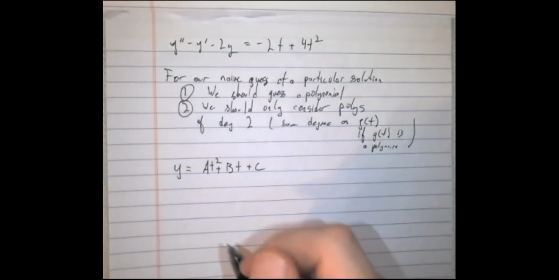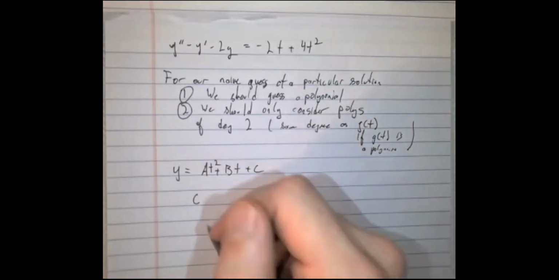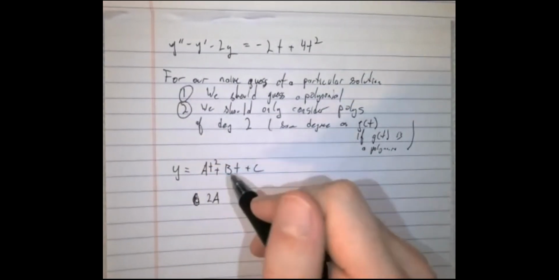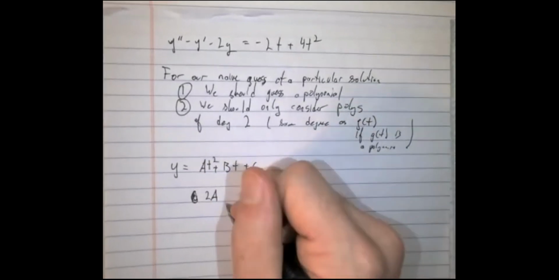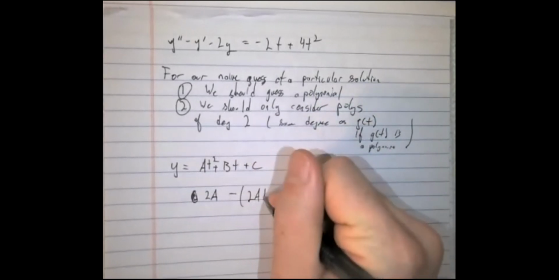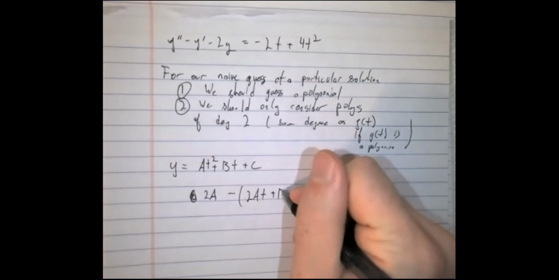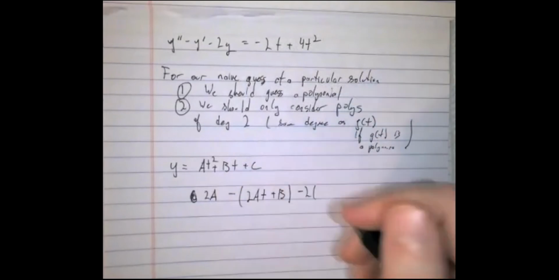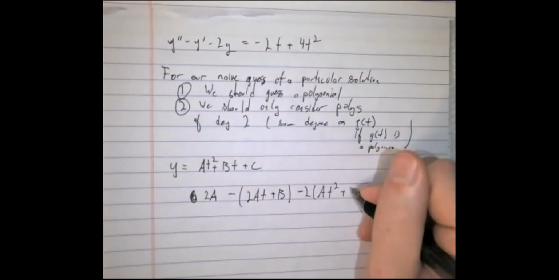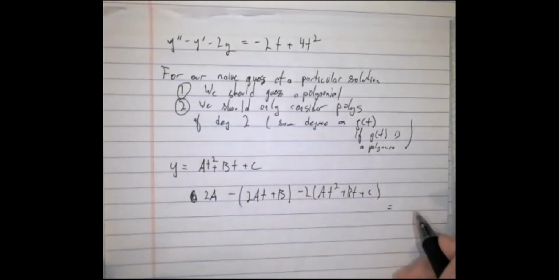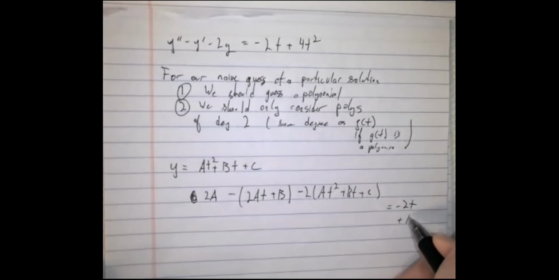If I take second derivatives, I'm going to be left with 2a, since taking the second derivative, the only thing that survives is this piece. 2a minus, if I take first derivatives, I get 2at plus b, minus 2 times the whole thing, at squared plus bt plus c. And this whole thing is supposed to be equal to negative 2t plus 4t squared.